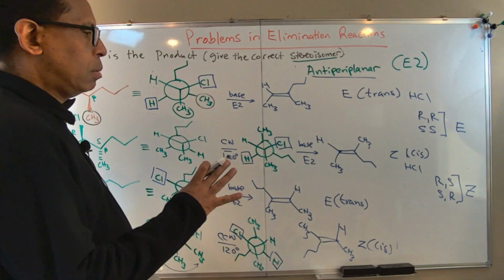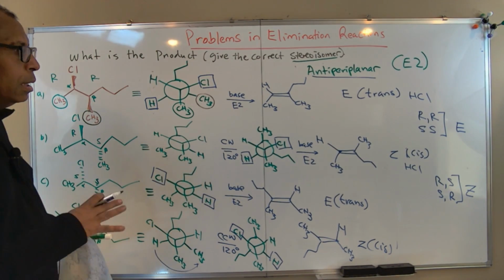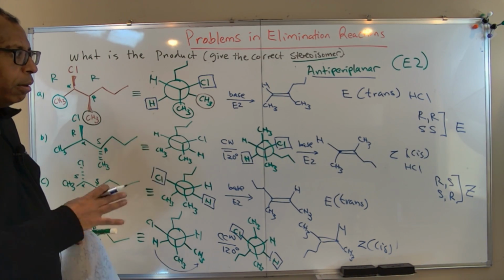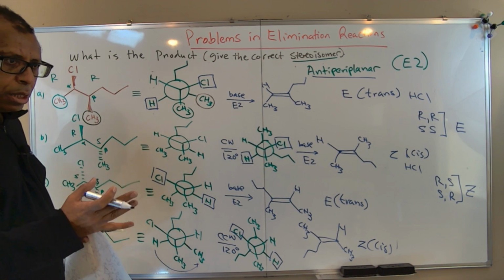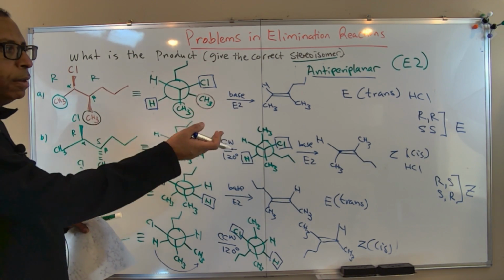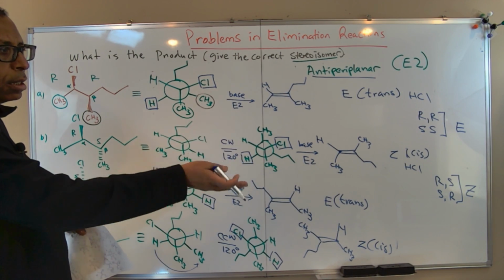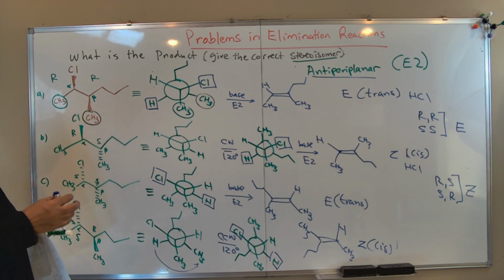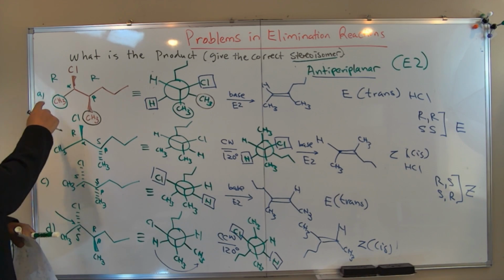So at least I can conclude that the elimination reaction of mirror image compounds would give the same stereoisomer. So mirror images are RR and SS.